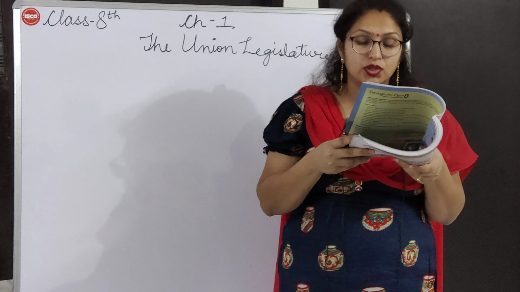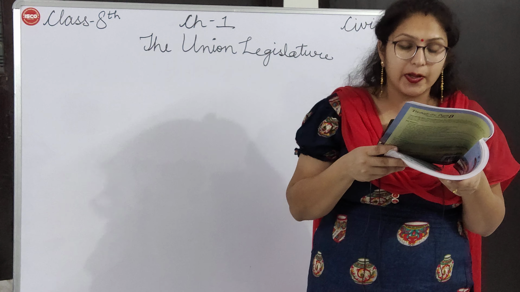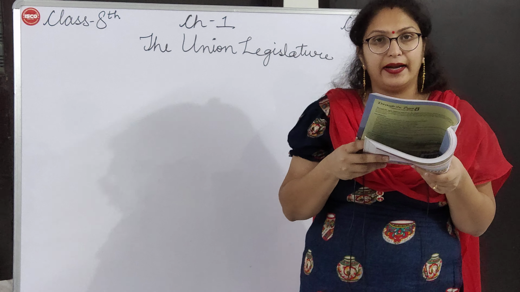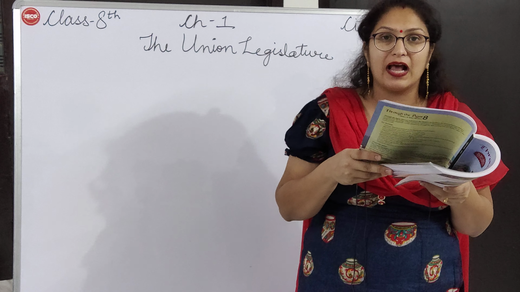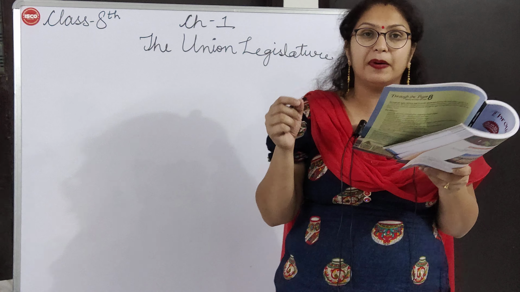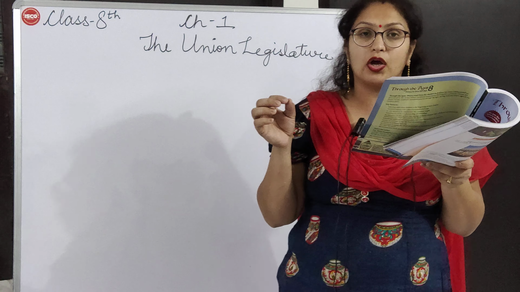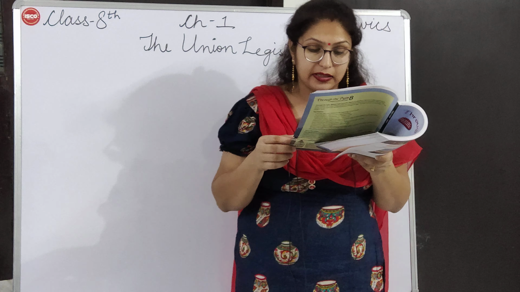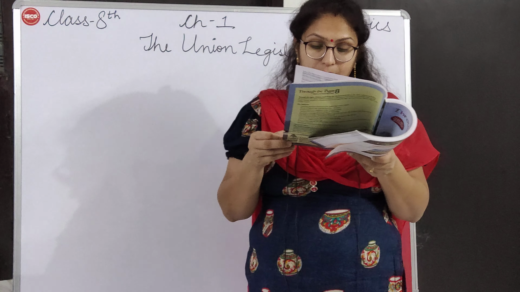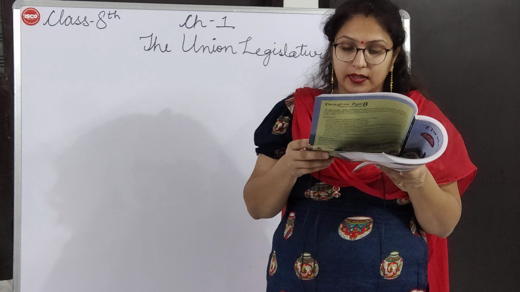So the remaining 238 members represent the states and union territories. From 250, 12 are nominated by the president, and the remaining 238 represent the different states and union territories.